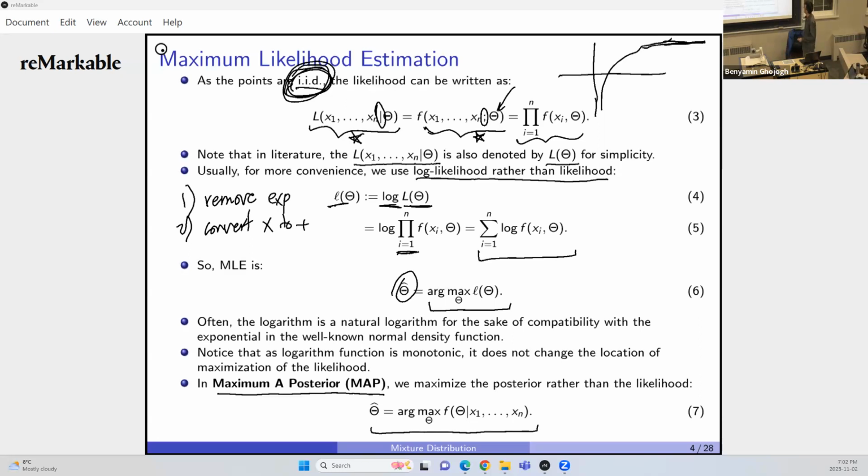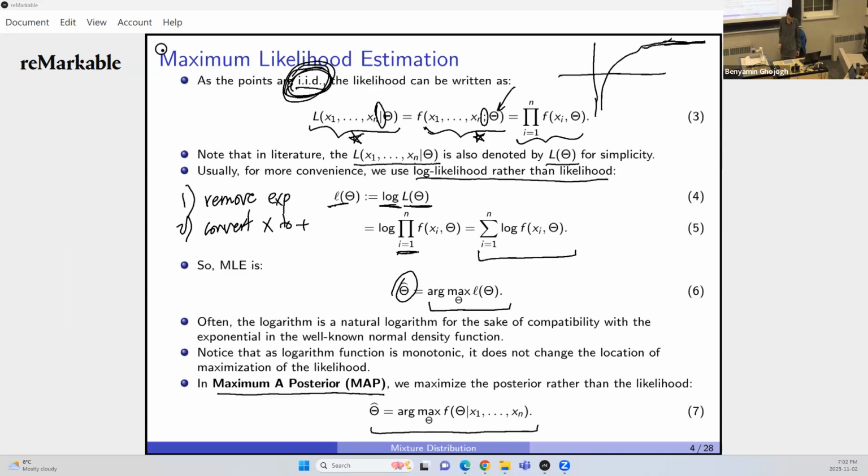So we took a logarithm of likelihood, denoted by a small case l, and then logarithm of multiplication becomes summation of logarithms, as done in equation 5. Then, rather than maximizing the likelihood, we maximize the log likelihood. Which parameters does it give us?